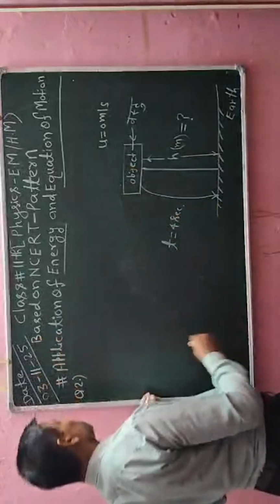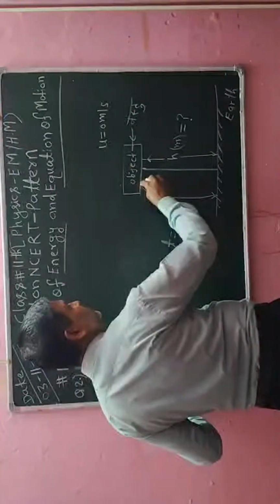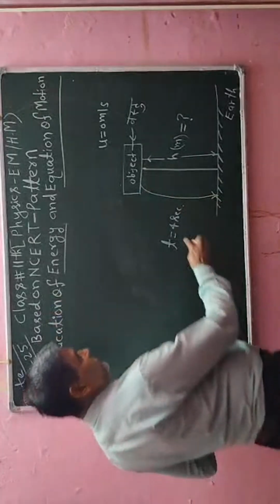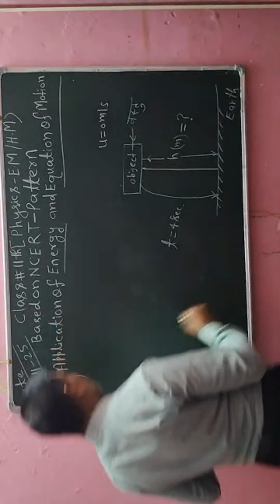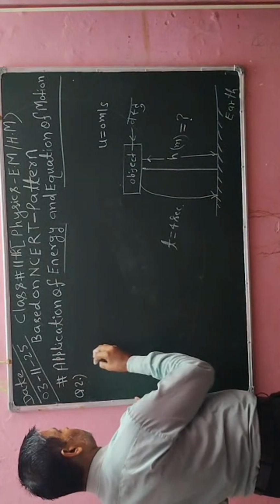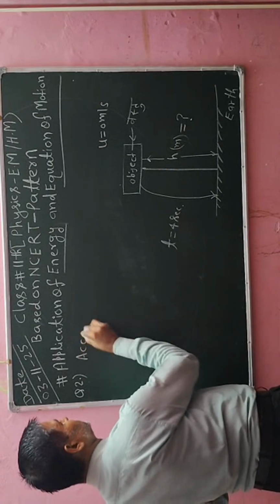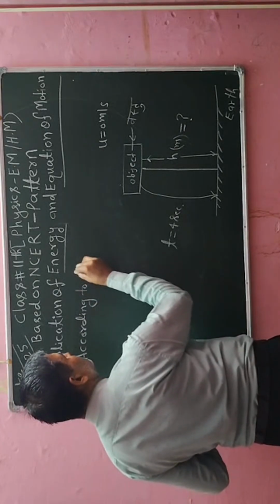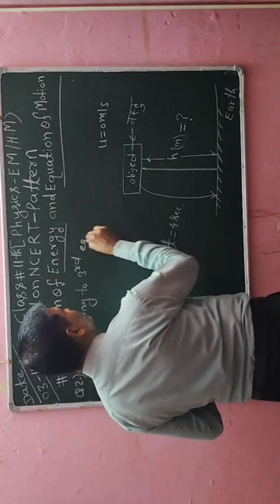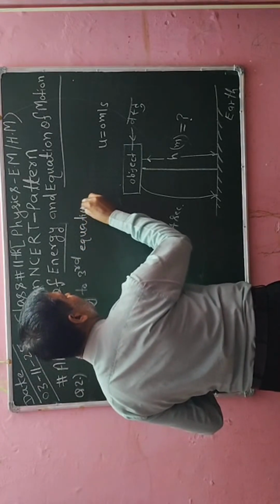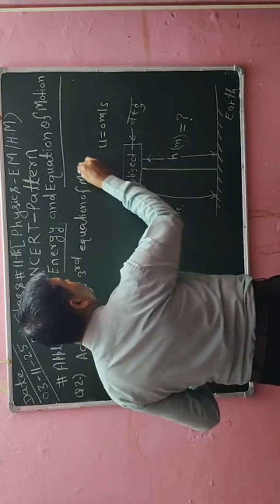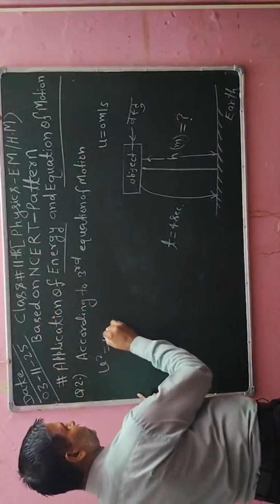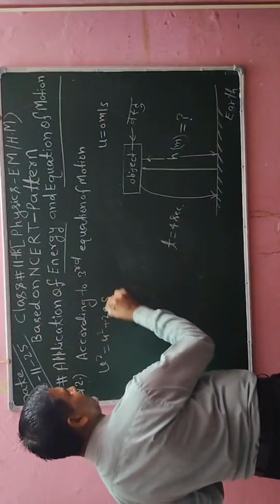So I will use the concept of equations of motion. According to the third equation of motion, I can write v square is equal to u square plus 2as.